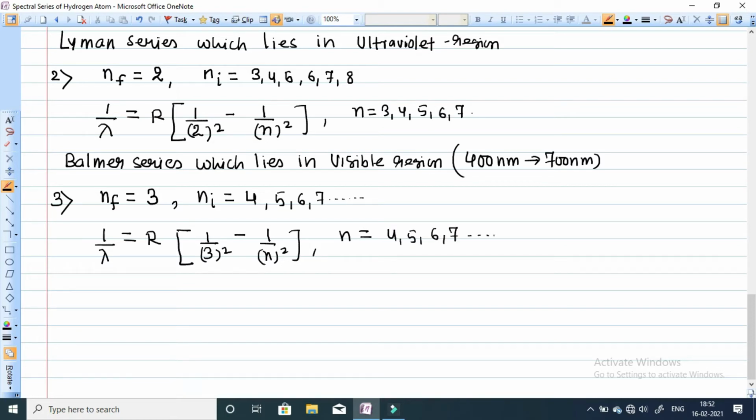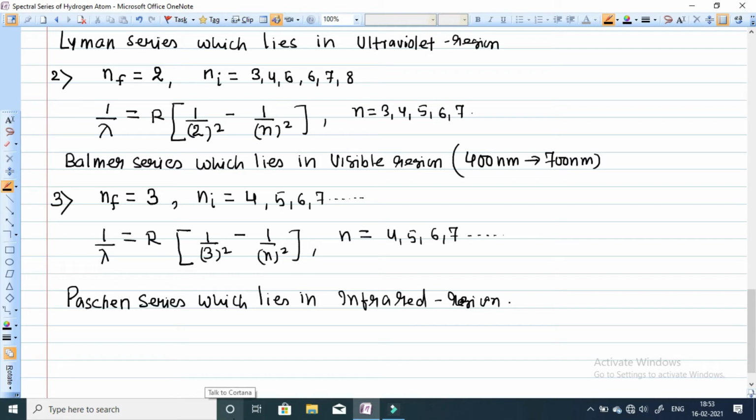Here also you will get a series different from the previous one, and this series is known as the Paschen series, which lies in the infrared region of the electromagnetic spectrum.